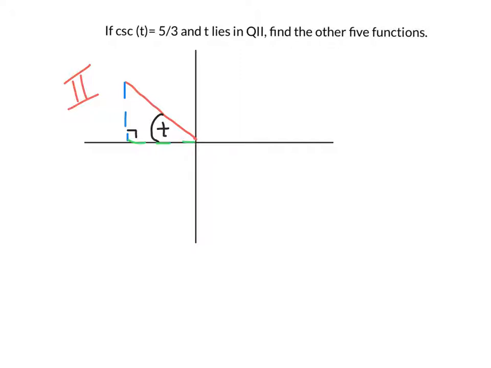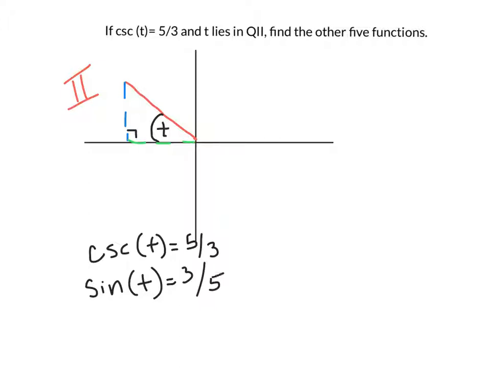One of the things that you know is that the cosecant of t is equal to 5/3. Well, if the cosecant of t is equal to 5/3, I know that the sine of t is the reciprocal of 5/3. The reciprocal of 5/3 would be 3/5, and immediately I would know the vertical piece, or the opposite, and the hypotenuse.